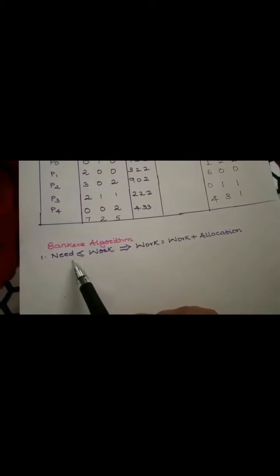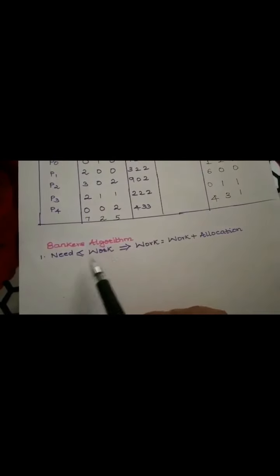For P3 it is 222 minus 211 which becomes 011. For P4 it is 433 minus 002 which becomes 431. Now this is how we calculated the need table.